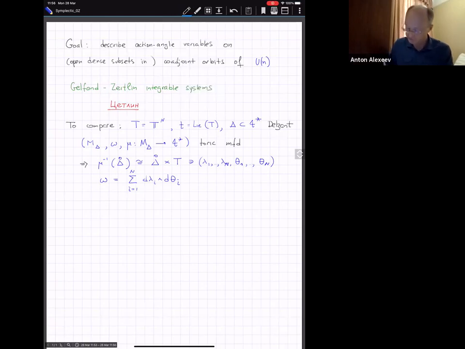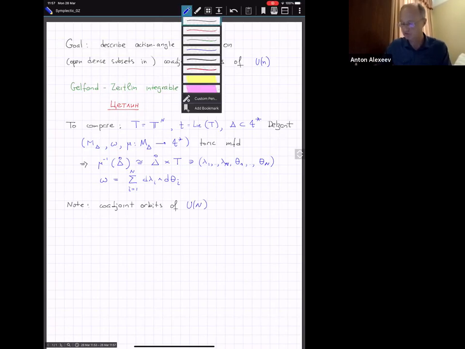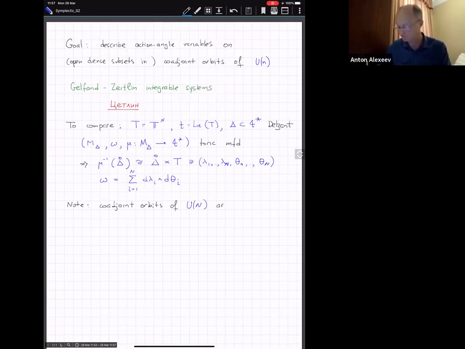However, note coadjoint orbits of UN are not toric in general.